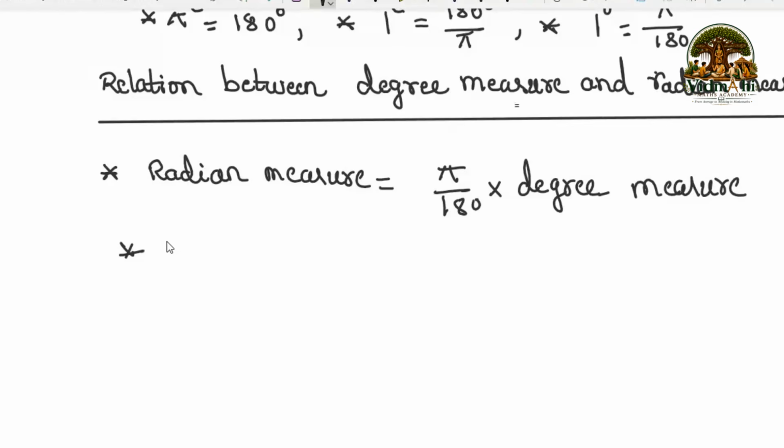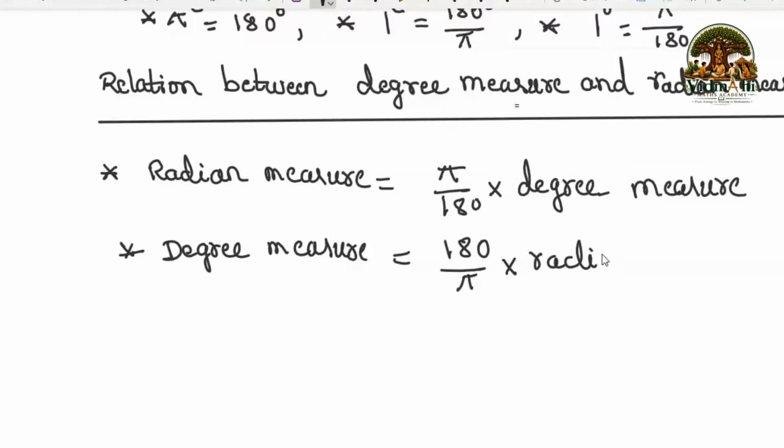And if you want to convert the angle into degree measure, that is equal to 180 by pi into radian measure.